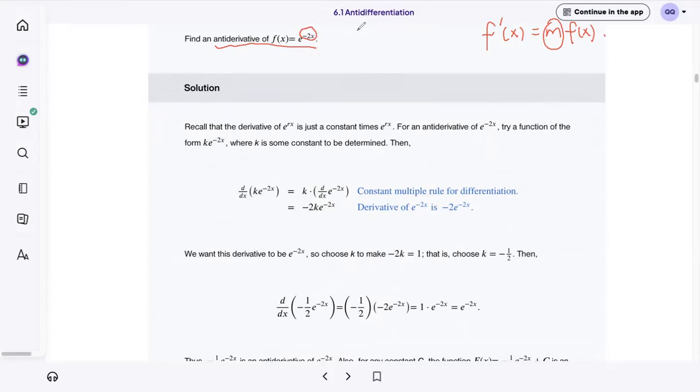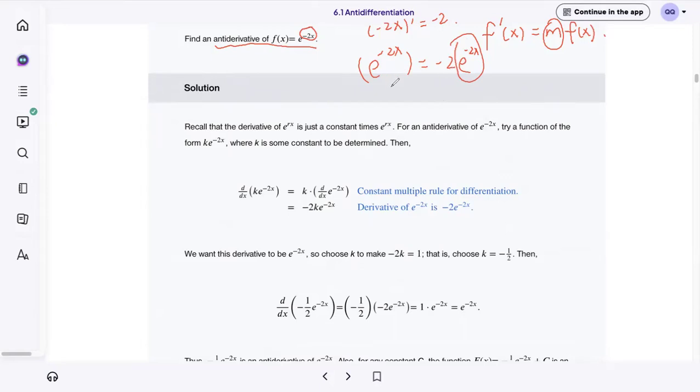So that's negative 2, right? When we differentiate negative 2x, we get negative 2. Think about it: if we differentiate e to the negative 2x, we would get negative 2 times e to the negative 2x, so that's multiplying by m.